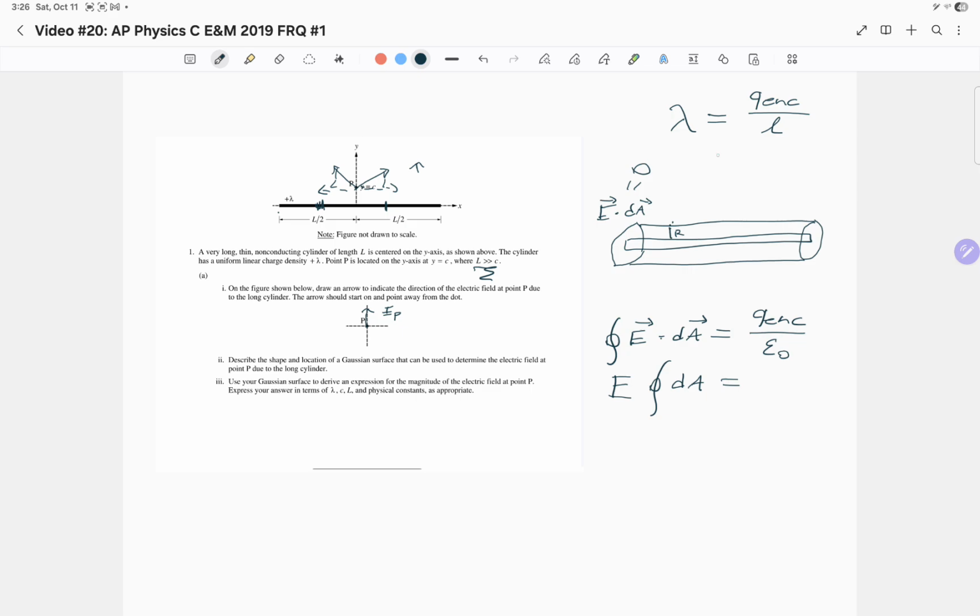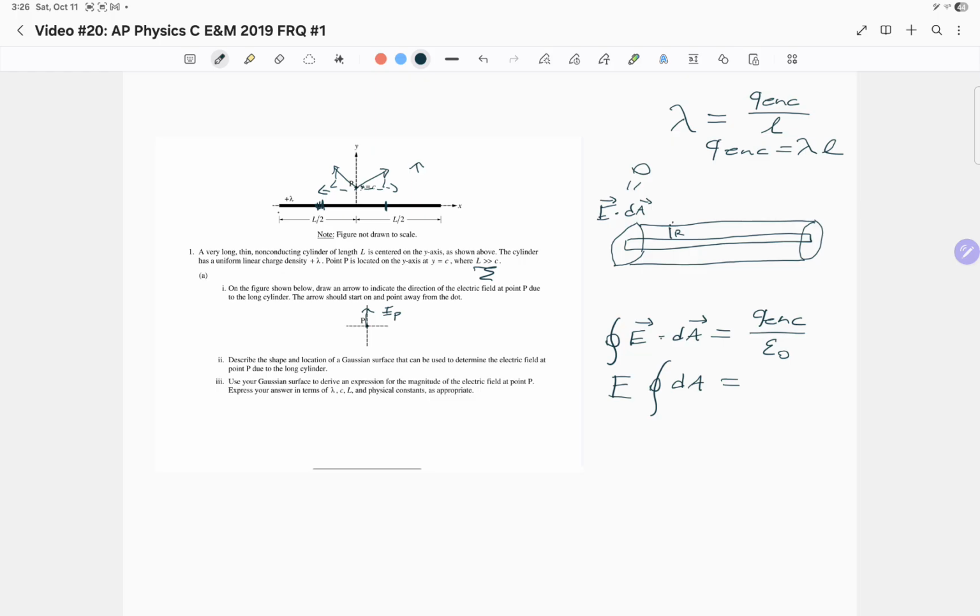So the enclosed charge could be rewritten. I shouldn't have used L because L and lambda are sort of similar, but I'm only using script L to show that we're not dealing with the entire length of the non-conducting cylinder. The rod is very long, so L is quite a big quantity. We're just looking at a smaller segment of it.